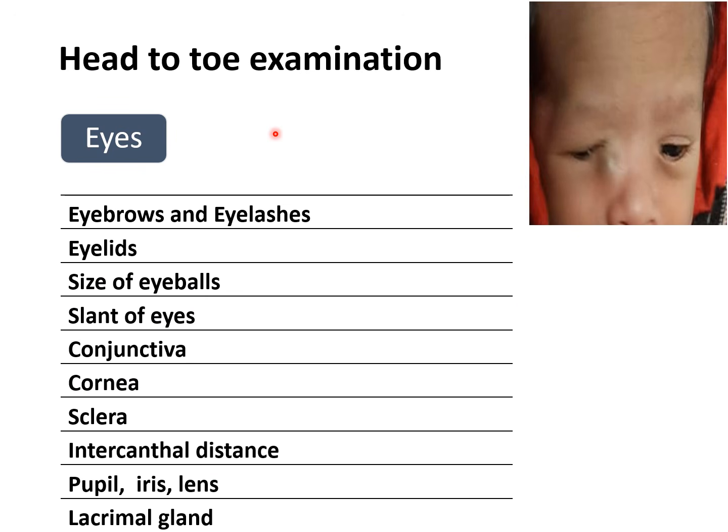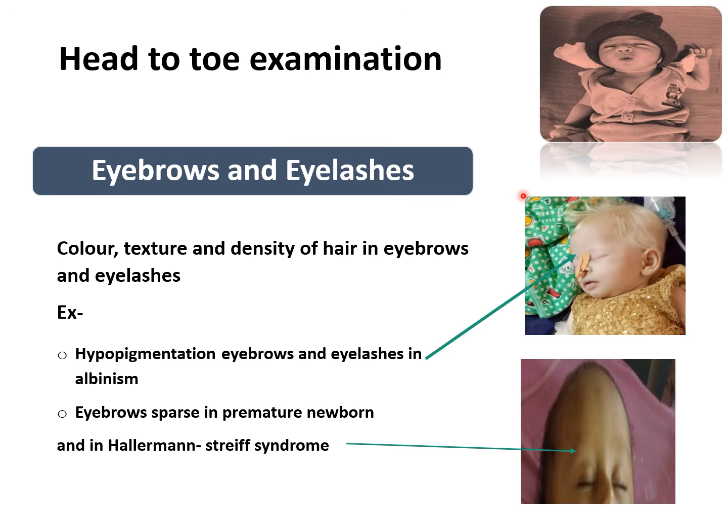And after head and face, we have to examine the eyes for the eyebrows, eyelashes, eyelids, size of the eyeball, slant of the eyes, conjunctiva, cornea, sclera, intercanthal distance, then pupil, iris, lens and lacrimal gland. In eyebrows and eyelashes, we have to see the color, texture and density of hair.